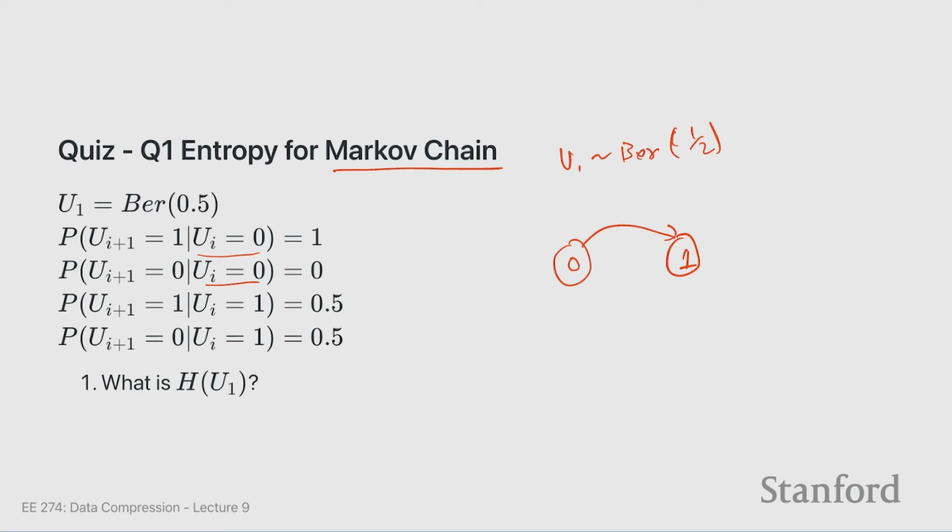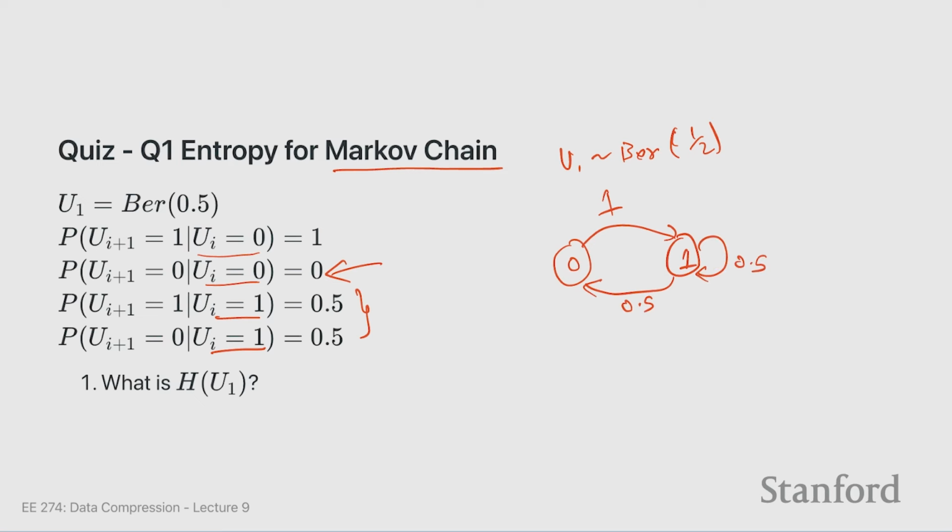Is that clear? Basically, if U1 is 0, then there is no chance that U2 is also 0, because this term is 0. And if U1 is 1, then the next symbol is either 1 or 0 with equal probability. This is 0.5, this is 0.5.